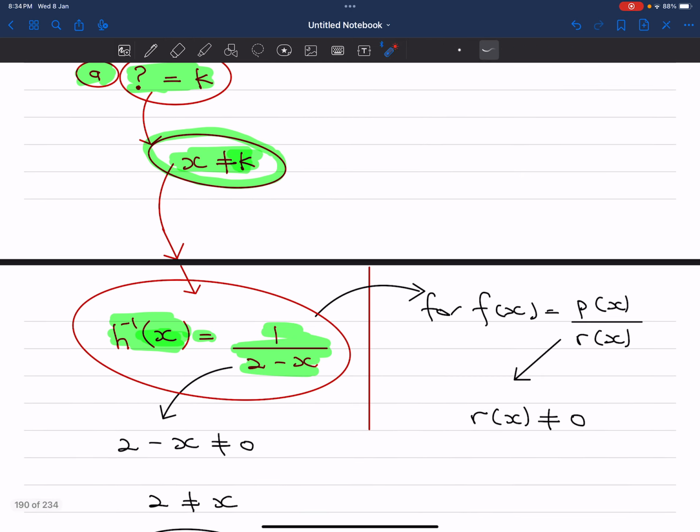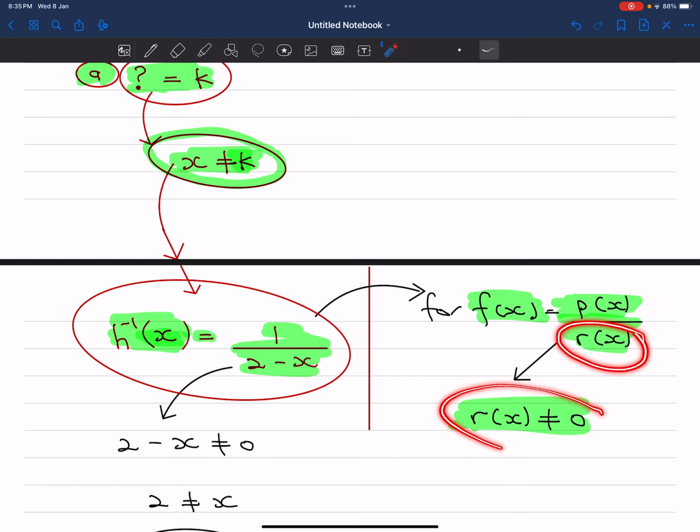If you notice this function, it is in the form of a fraction. We have a numerator and denominator. Now we look at the note. For a function f(x) in terms of a fraction, p(x) over r(x), the denominator r(x) cannot be 0.